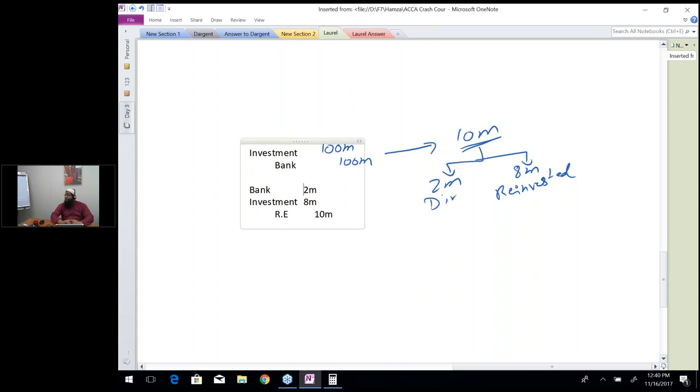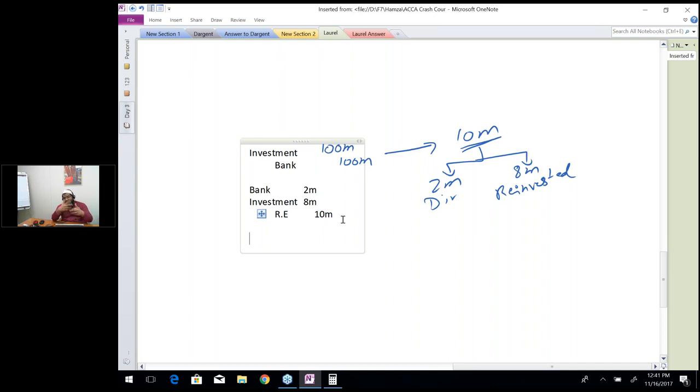We have earned 10, we have received 2, and we have reinvested 8. Do you people agree with me on this entry, or is there any confusion with this? Is this entry clear to all of you? Agreed, understood. Yes, good. That's good.